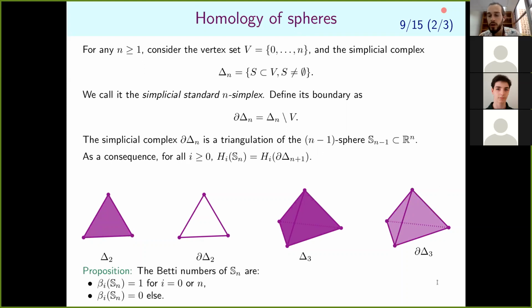Of course, you recover the homology of the circle, as we've seen the other days. Beta 0 of the circle, S1, is 1, and beta 1 is 1 too.